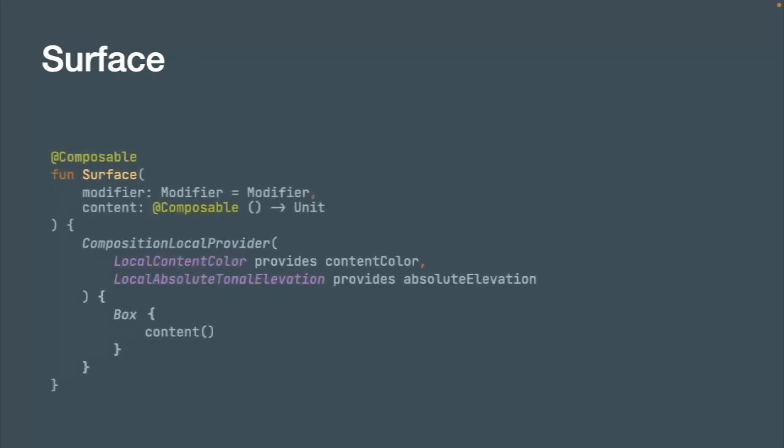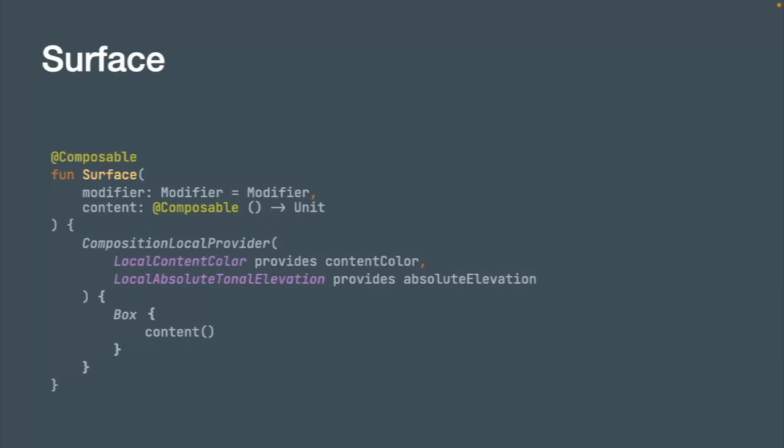Stuff that you can put stuff on. So a surface, in its simplest form, looks like this. This is the simplest way to think about a surface. It is a composable that takes content.